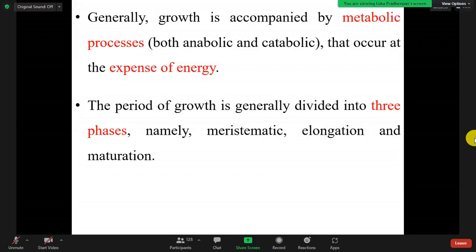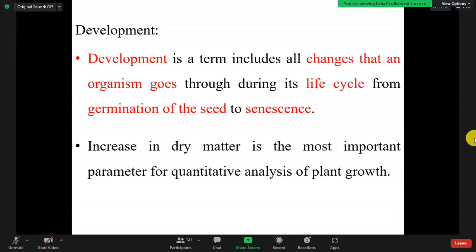I already mentioned the three phases: cell division, elongation and maturation. Then we will move to plant development. We know what plant growth is: an irreversible change happening in the plant.